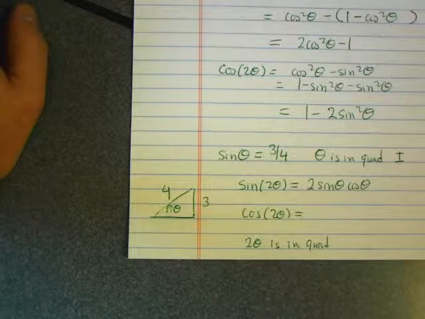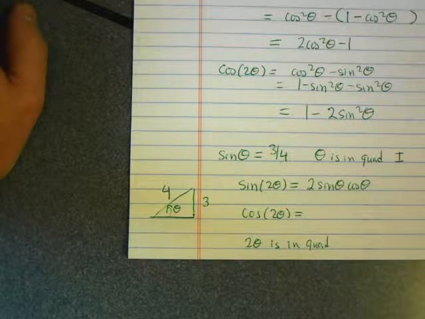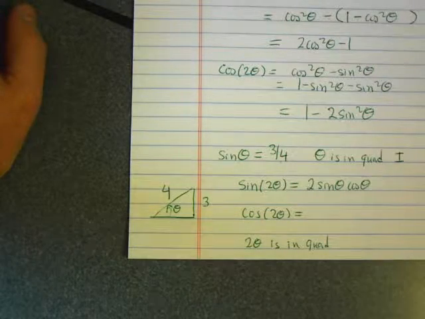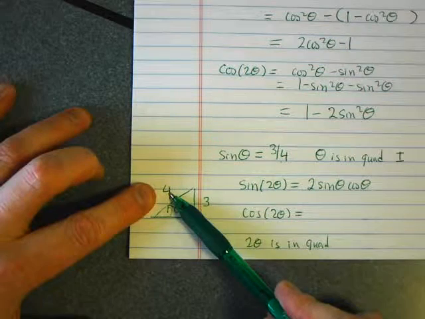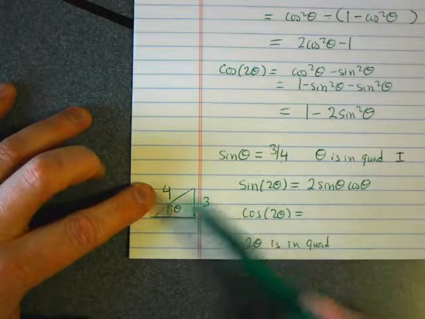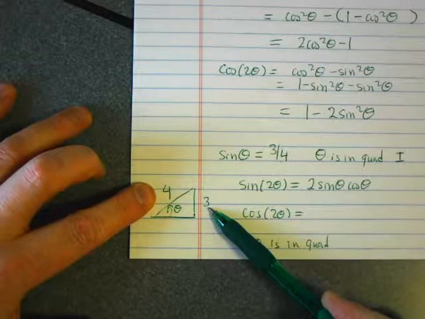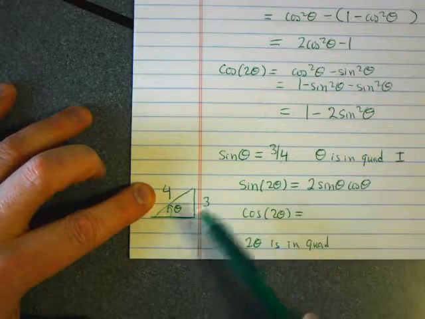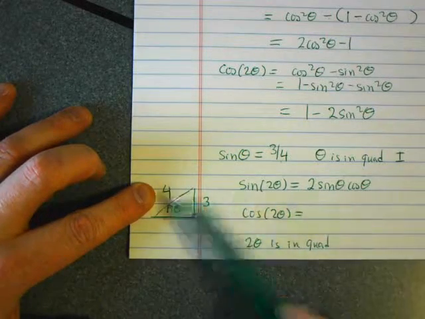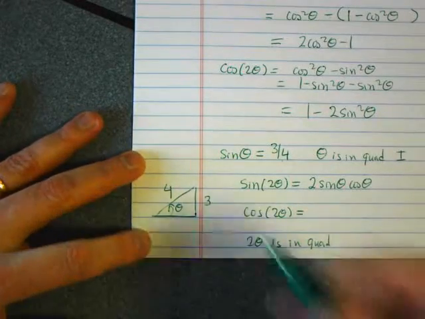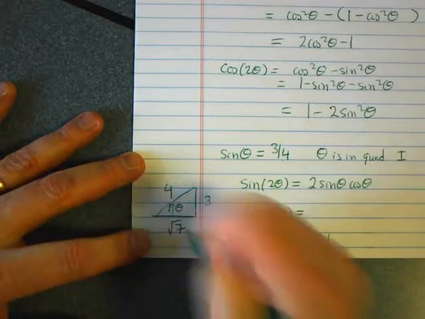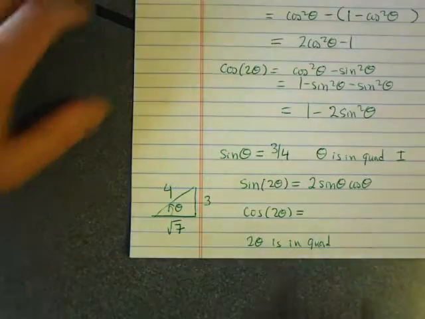How'd you get that? I used my calculator. Okay. You would take 4 squared, which is 16, and subtract this one squared, because a squared plus b squared equals c squared. So it should be 16 minus 9, which is 7, and then you do the square root. Square root of 7.